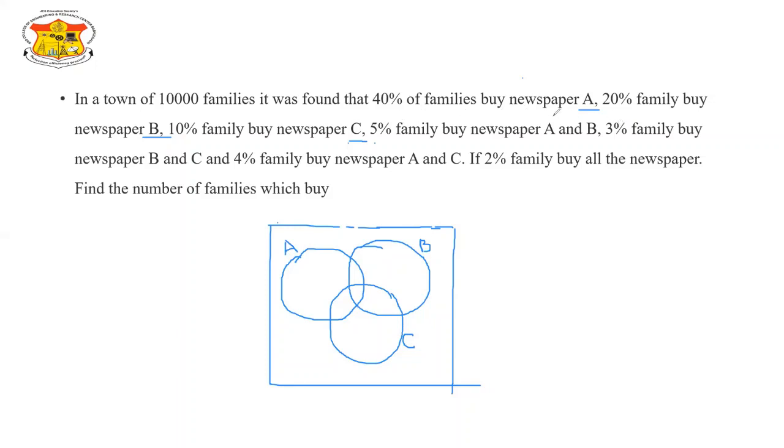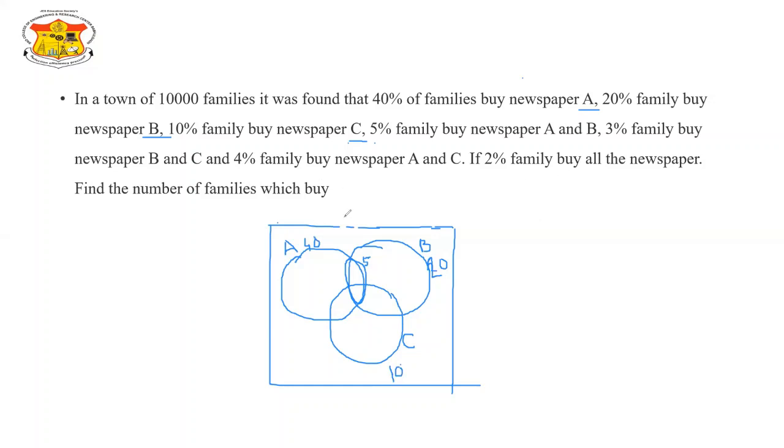40% of families buy newspaper A, so this one is 40. 20% buy B, so this one is 20. And 10% buy C. Next, 5% of families buy newspaper A and B, so this whole part is 5%.